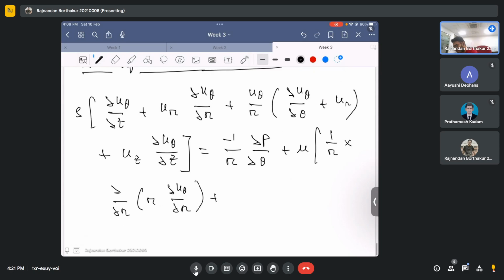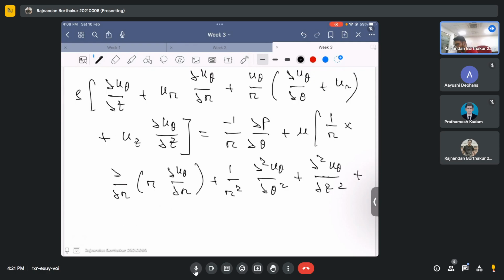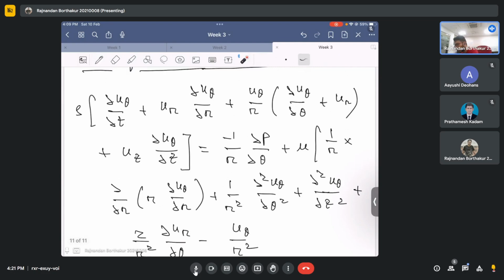Okay, plus, it's a long equation, bear with me, plus 1 by r square times del square u theta by del theta squared plus del square u theta by del z square, plus there are two more terms, which is 2 by r squared times del ur by del theta minus u theta by r squared. Yes, okay. So that's a long equation as you can see.